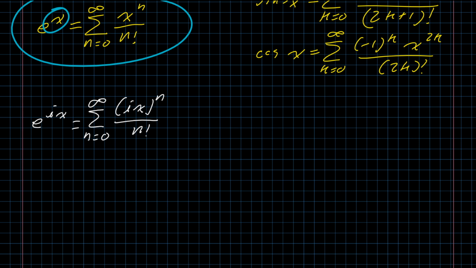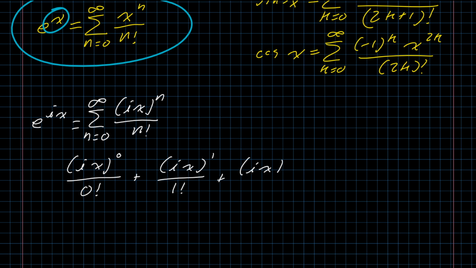So we will have ix to the 0 over 0 factorial plus ix to the first over 1 factorial plus ix squared over 2 factorial, ix cubed over 3 factorial. And that really gives us the entirety of the character, because remember, i to the 4th power is going to behave the same way as i to the 0 power, so we'll see this cycle repeating over and over again.